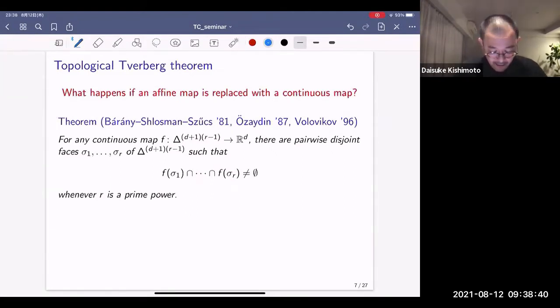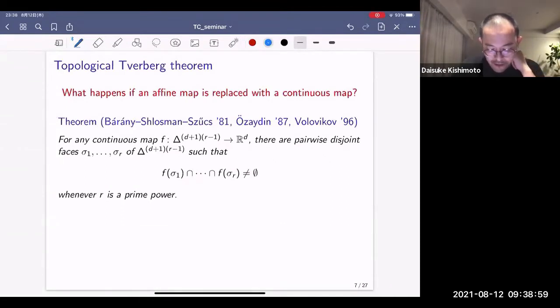And the result is called the topological Tverberg theorem, which was first proved in 81 and generalized in 87 and 96. Okay, so the statement is like this.